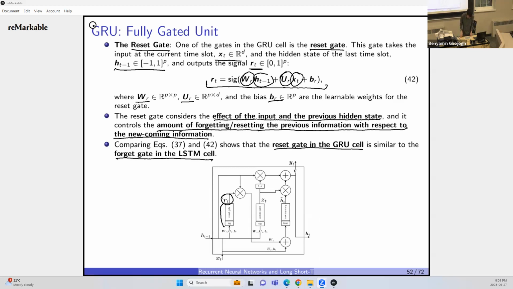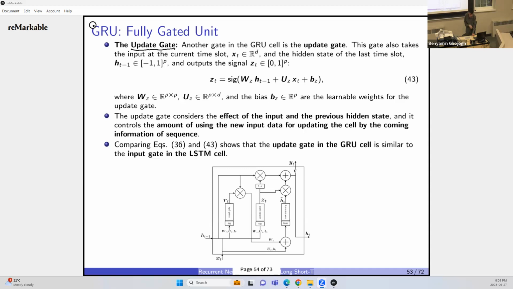Now, the update gate. What does it do? Another one. So it is update. It takes xt at the current time slot, ht minus 1, the previous state, and it outputs zt. So we have again a sigmoid activation function, very similar again, but however, wz, uz, and bz are the new learnable parameters.